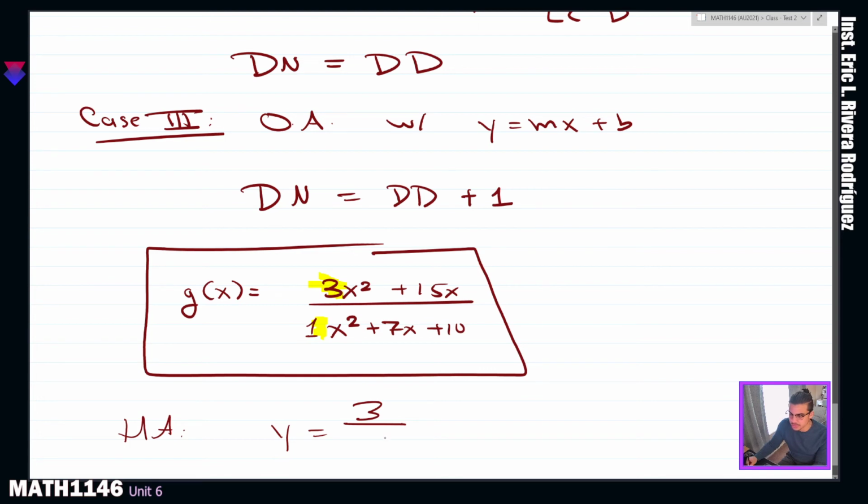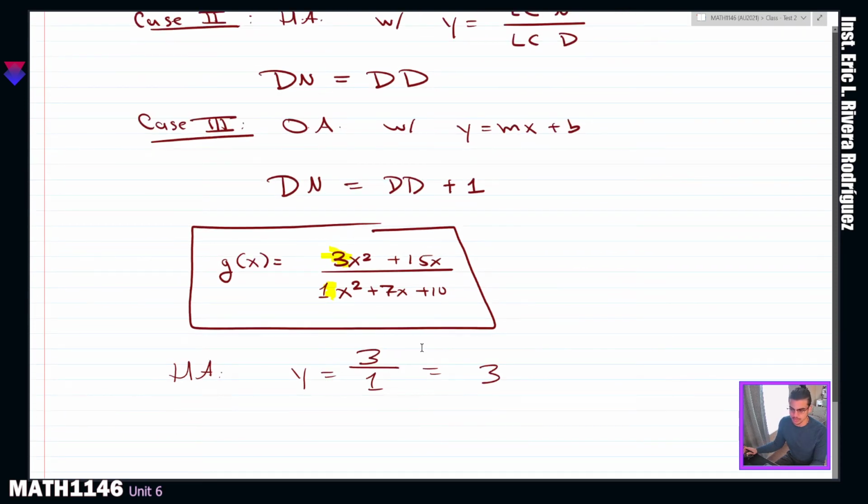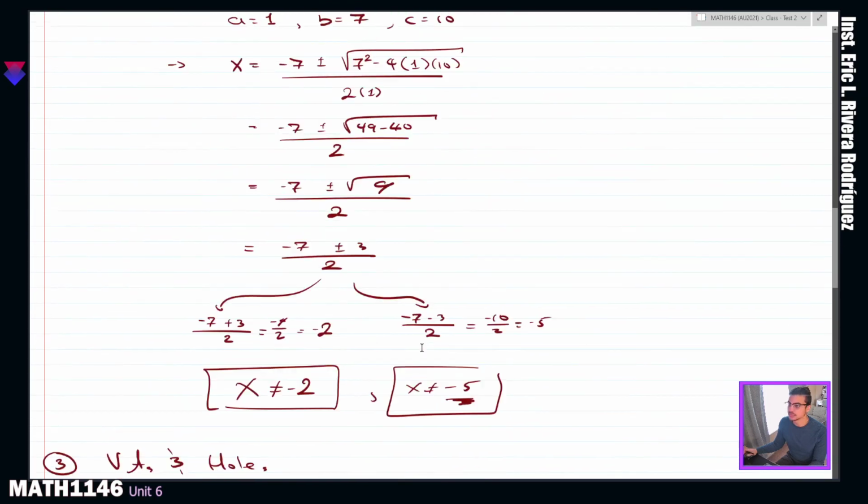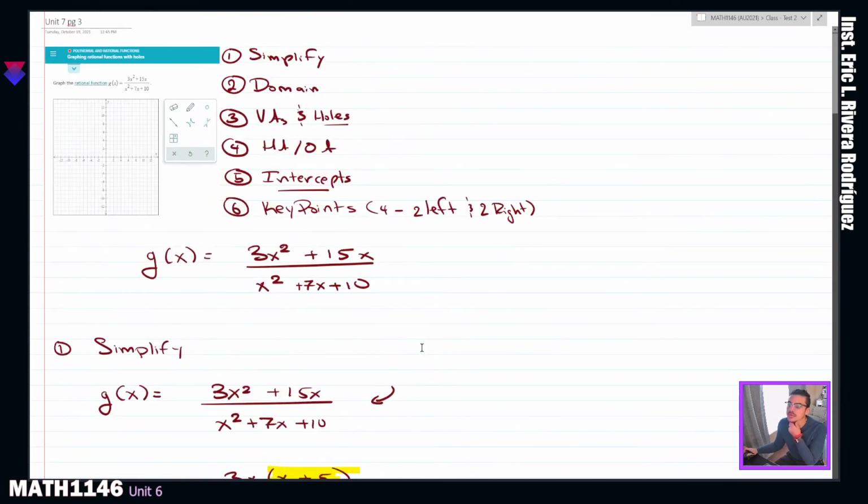The leading coefficient of the denominator is 1. So y equals 3. So that is the equation of the horizontal asymptote. Okay, so that's the number 4.